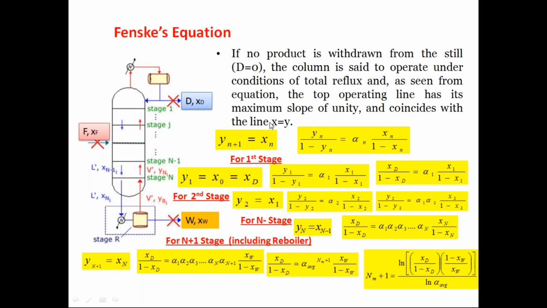So you can write down the operating line equation for the entire system, because there is no feed effect in the total reflux conditions, because the flow rates have no effect, as it is coinciding with the 45 degrees diagonal line. So typically the liquid flow rate and the vapor flow rate will become equal, in the bottom section and also the top section.